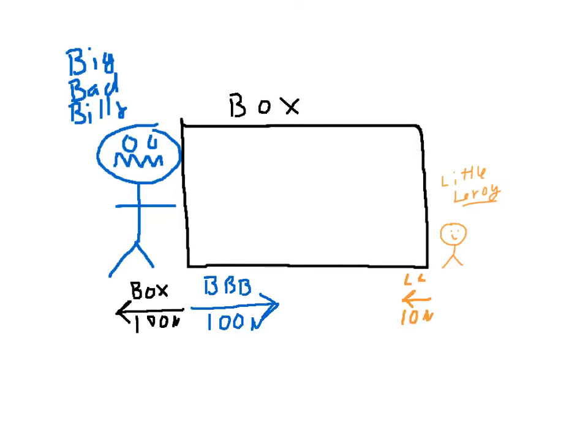And you understand Newton's third law, so you're going to end up with the box pushing back on Little Leroy, and it's going to push back with 10 newtons. So, again, this follows Newton's third law.